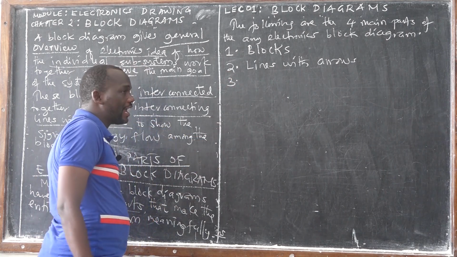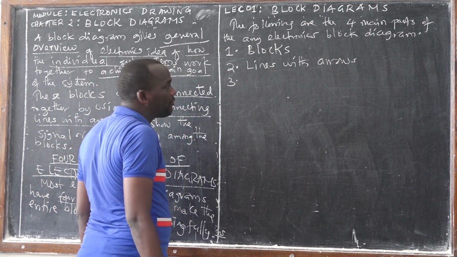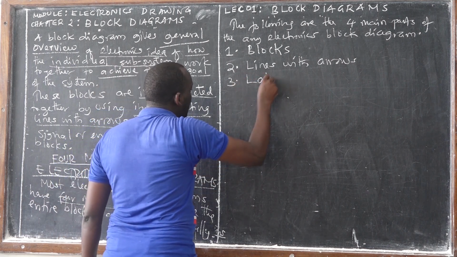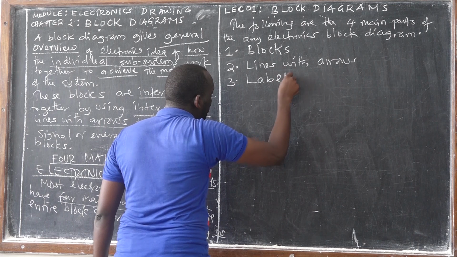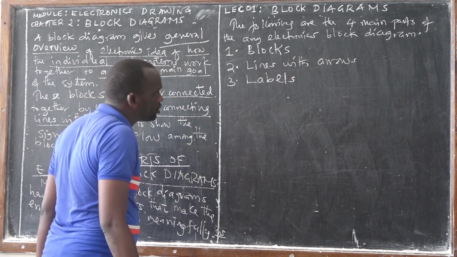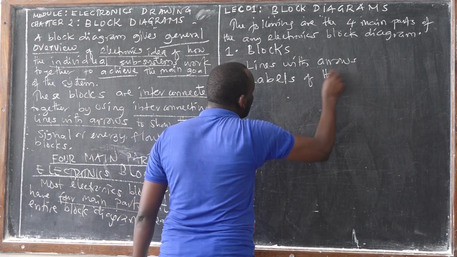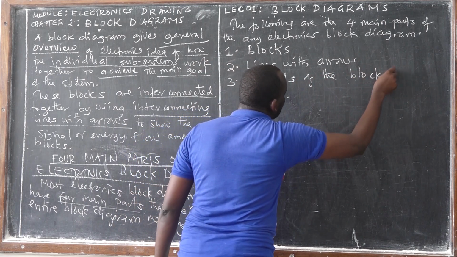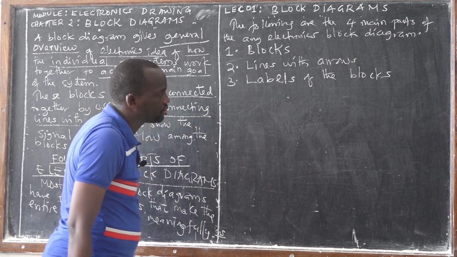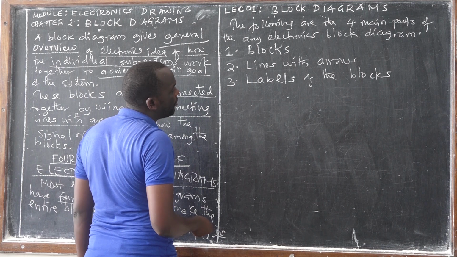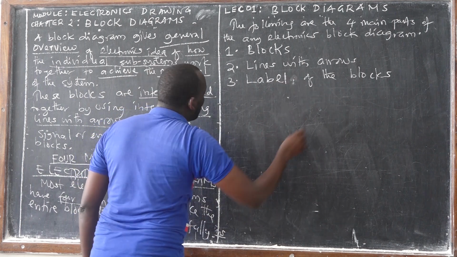Then any block diagram must have labels. Labels of the blocks. Label means the label of the block.